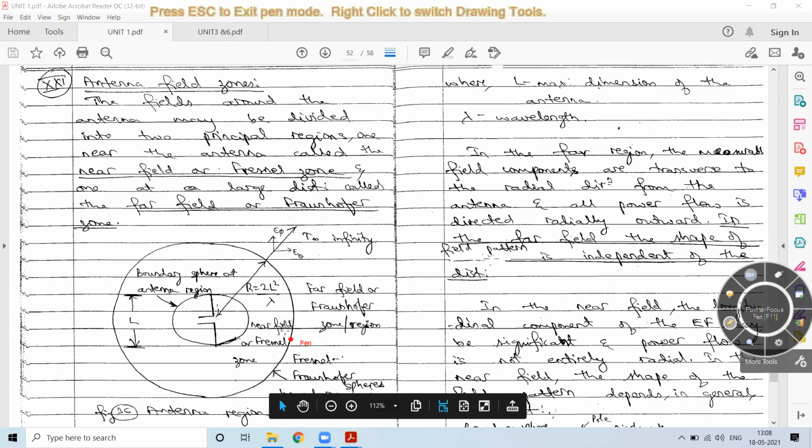Now, what are these parameters? In this case, L is again related to the dimension of the antenna. We consider the larger dimension, so in this case it will be the length of the antenna. L is the length of the antenna and lambda is the operating wavelength of this antenna, that is, at what wavelength the antenna is being operated.